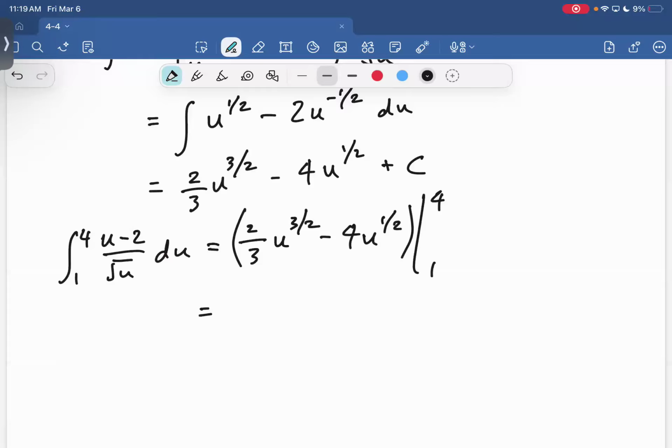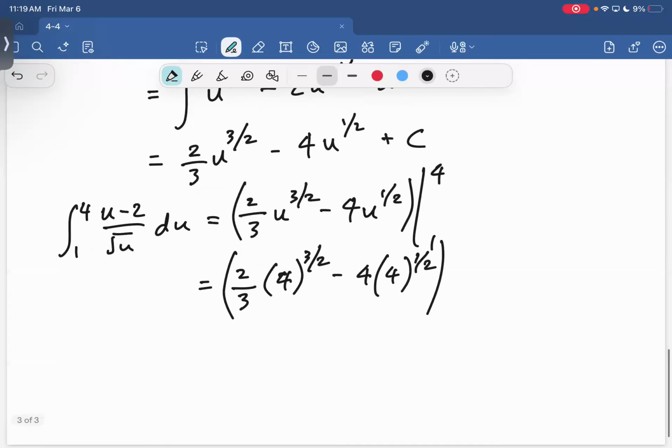So we're just going to plug in the upper limit first. So that's 2/3 times 4 to the power of 3/2 minus 4 times 4 to the 1/2. So that's the first one. And then I'm going to plug in 1 because that's the lower limit of integration. So I'll have 2/3 times 1 to the 3/2 minus 4 times 1 to the 1/2.